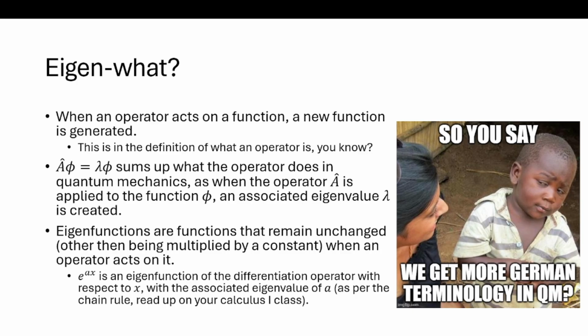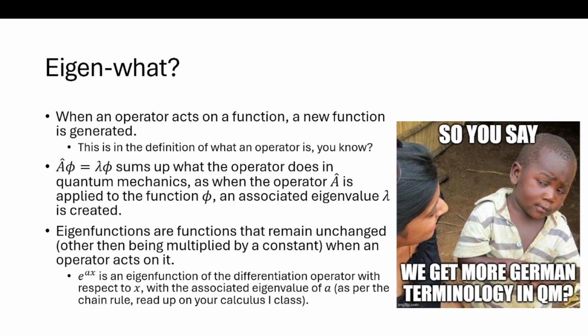These specific functions, where if you apply an operator onto them and they remain unchanged apart from a constant, are known as eigenfunctions. They simply remain unchanged and are just multiplied by a constant when an operator acts on them. One good example of this that you can take from calculus is any function of the form e to the power of a times x.